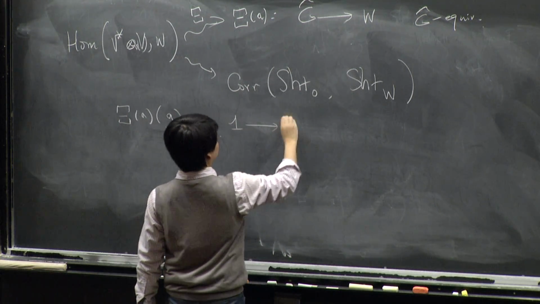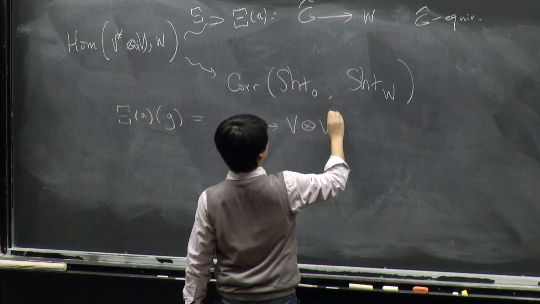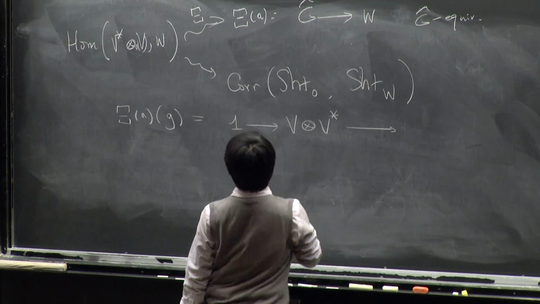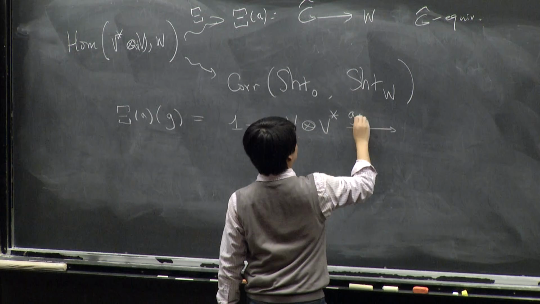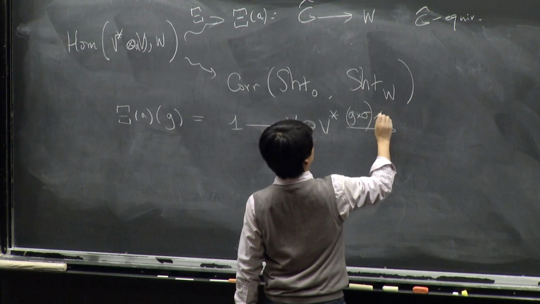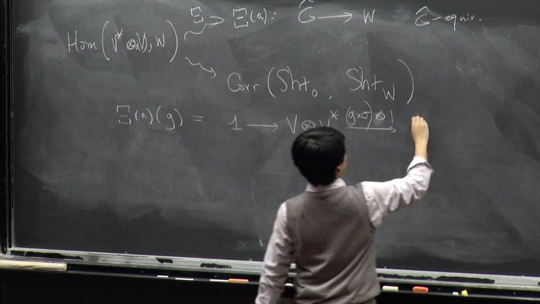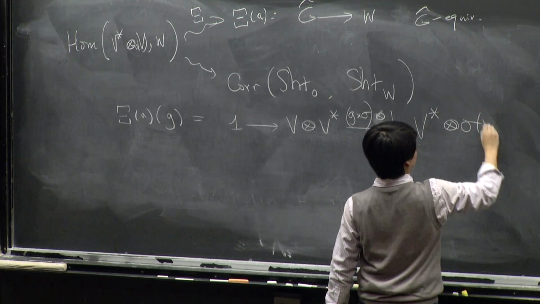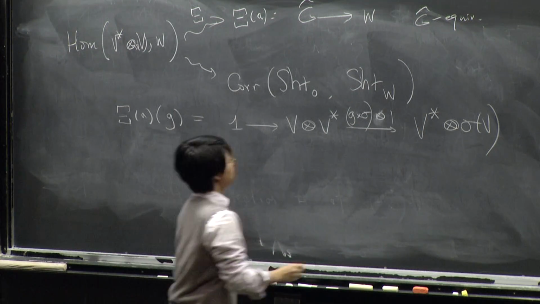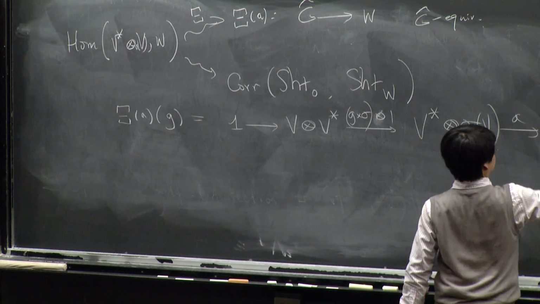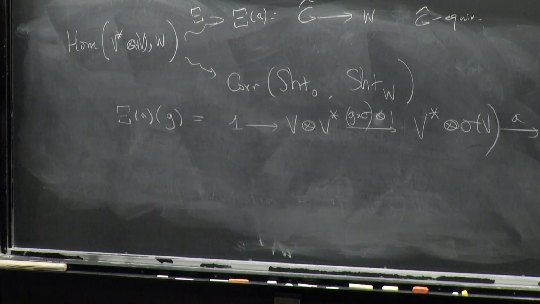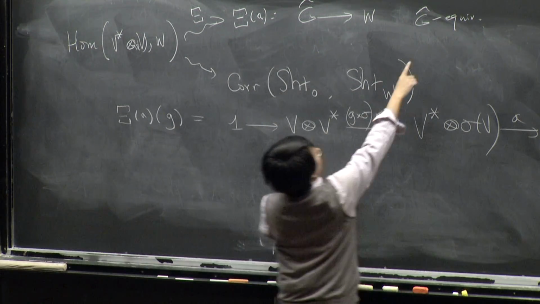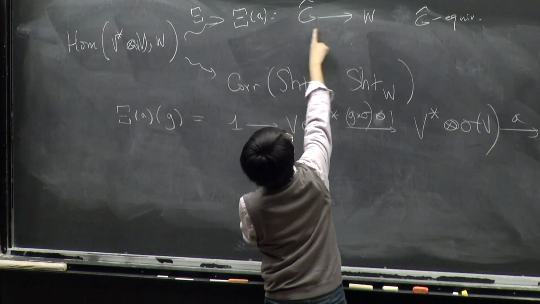You go 1 to V tensor V star, goes to G times sigma tensor 1. In fact, that gives you V sigma tensor V sigma, then use A to W.